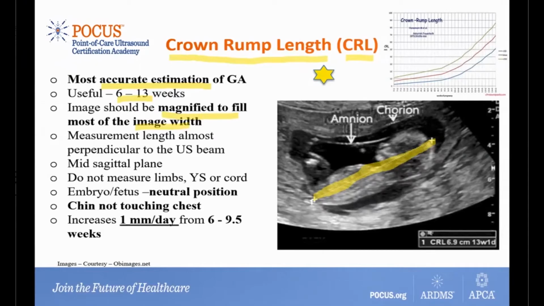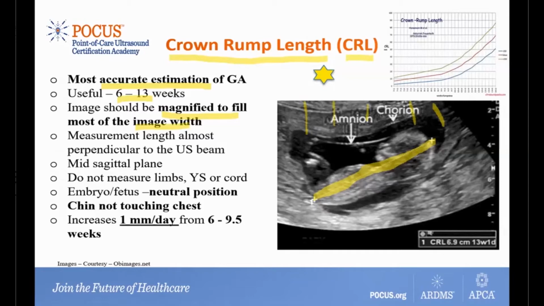So the ultrasound beam is coming from the top, from anteriorly, and so we want this plane to be perpendicular as much as possible. Definitely if the embryo is sitting vertically, then you don't want to do the measurement. You want to wait until you get the right position of the fetus or the embryo.